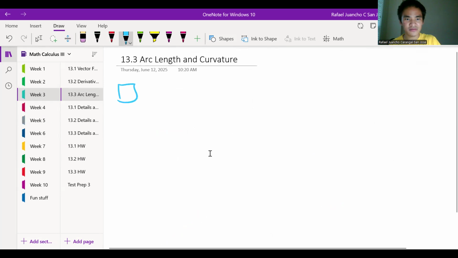So let's immediately talk about arc length.